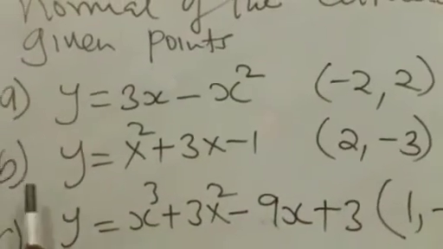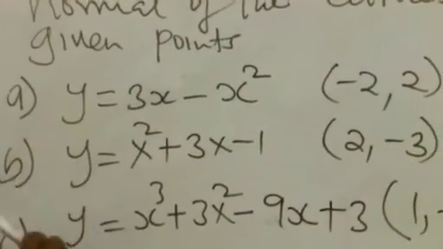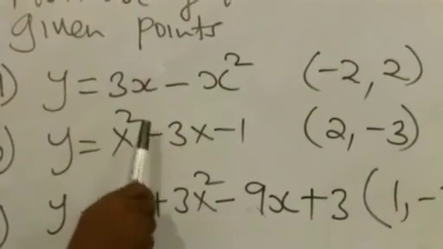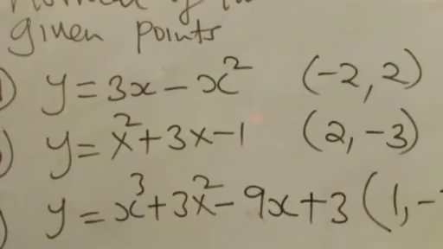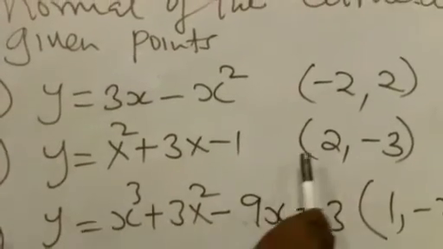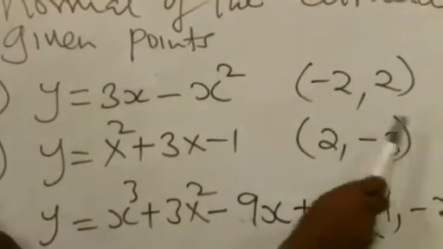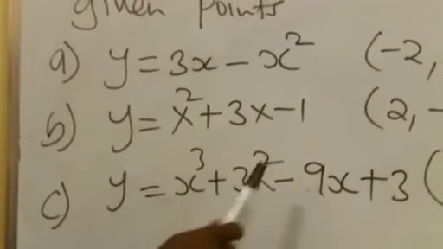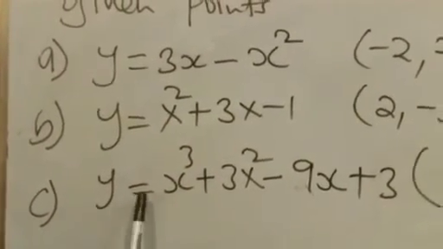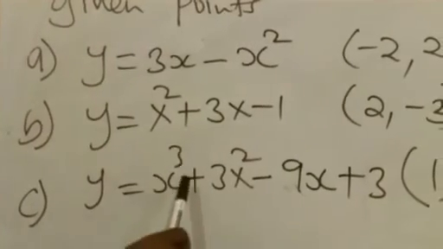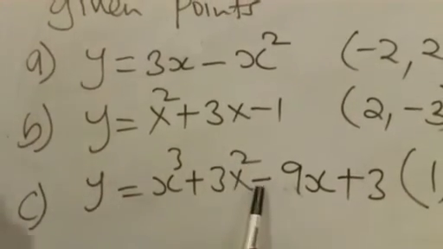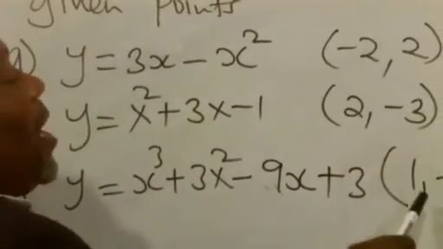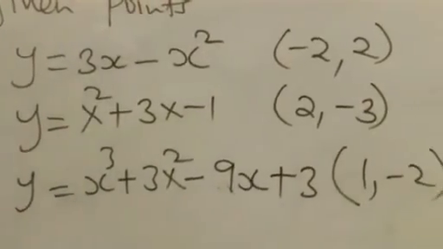Part B is y equals x squared plus 3x minus 1, and you are finding the normal at the point 2, -3. And finally, part C, find the normal of the equation y equals x raised to 3 plus 3x raised to 2 minus 9x plus 3 at the point 1, -2.